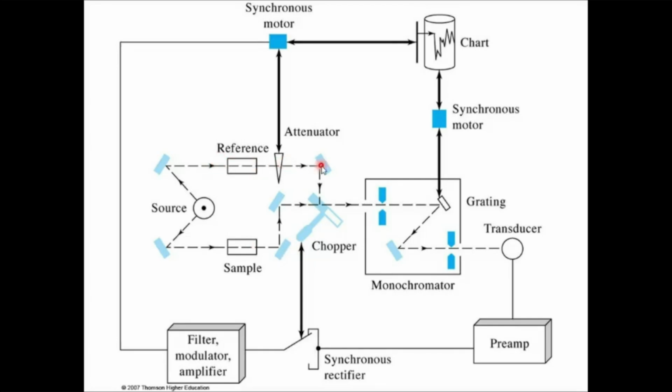Then with the half mirrors and choppers, it goes into the monochromator, then to the transducer. One difference you will observe is that in case of UV, there was first a monochromator, then the sample was kept, but over here the beam first travels through the sample, then it enters the monochromator.